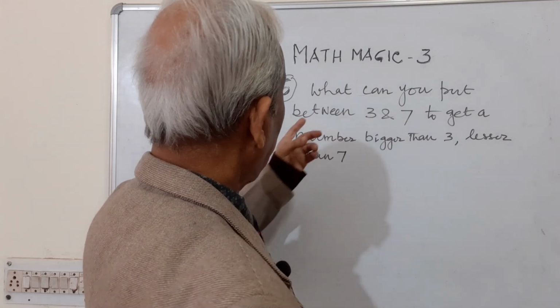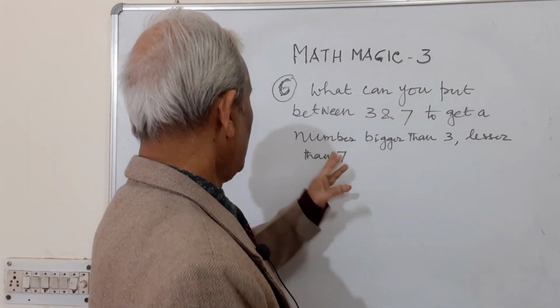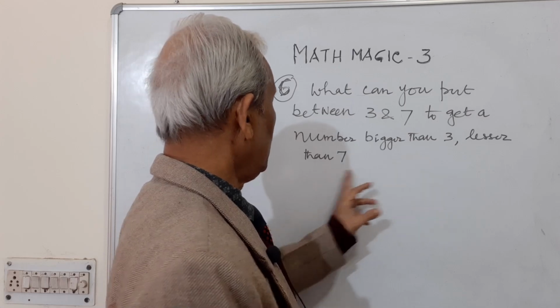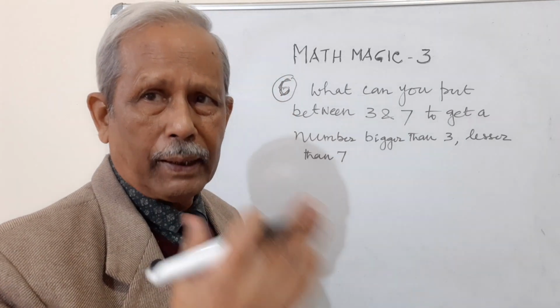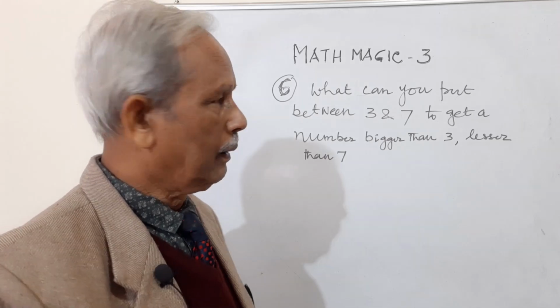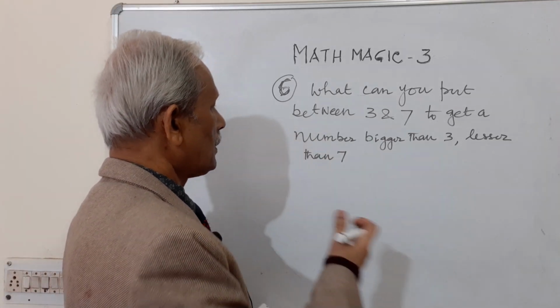What can you put between 3 and 7? Think about it. Give a pause. Think, make creative thinking: how can you get a number which is bigger than 3 and lesser than 7?